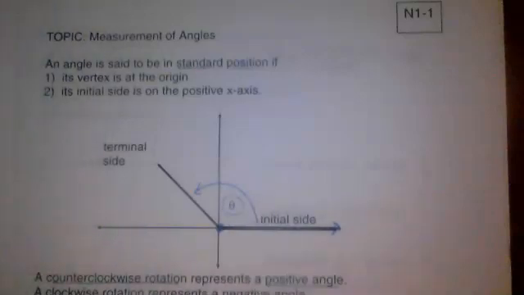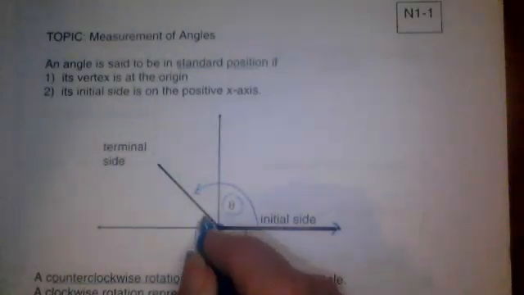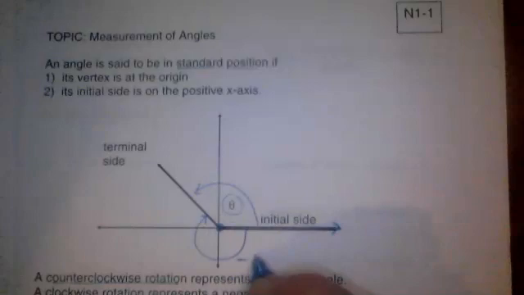It could just be x, but in our trigonometry, we're usually going to call that unknown angle theta. And if I were to go in the opposite direction, like the direction of the clock, the angle that I get is a negative angle. A clockwise rotation is a negative angle.